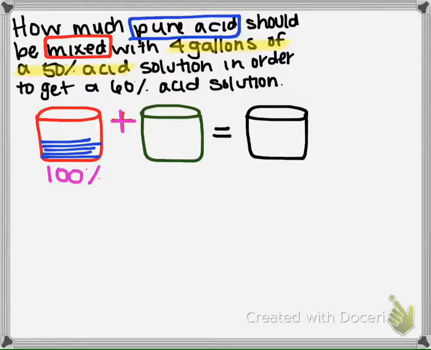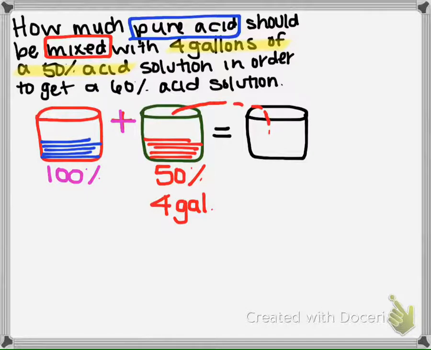So this one's going to have 50%. And we're going to use 4 gallons of it. So we know that this liquid here, we're going to pour in 4 gallons of it.